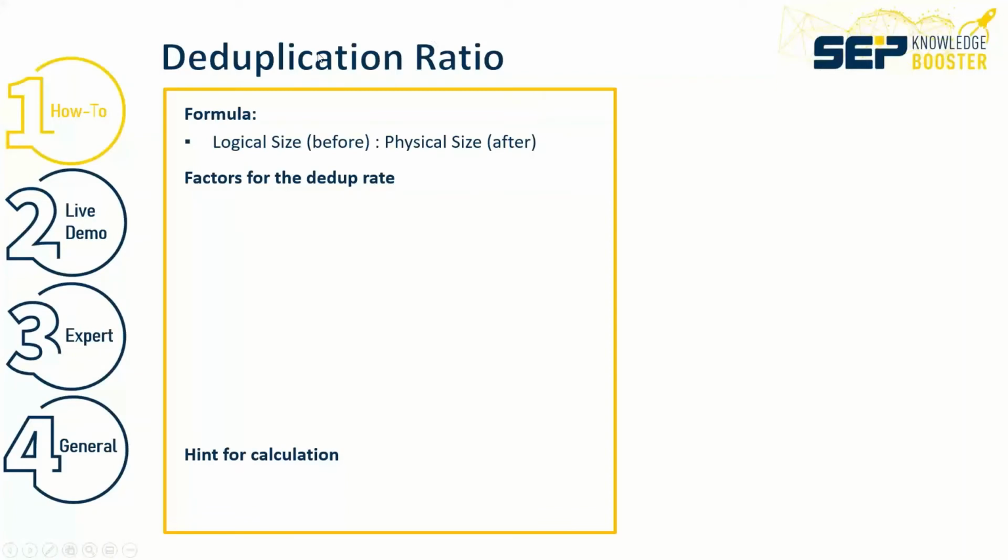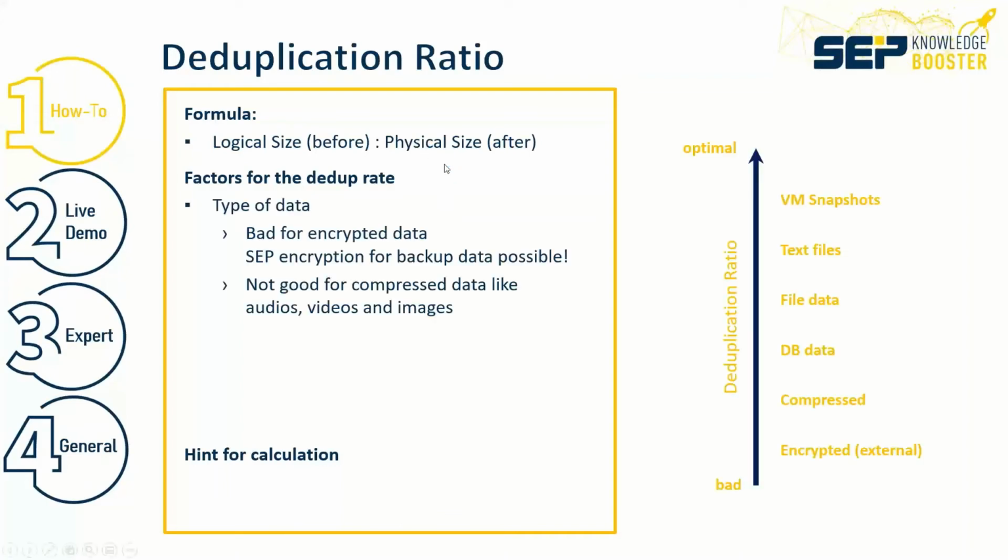The formula to calculate the deduplication ratio, or the deduplication rate, is just to use the logical size before deduplication and divide it by the physical size after deduplication. Yeah? That's the formula.